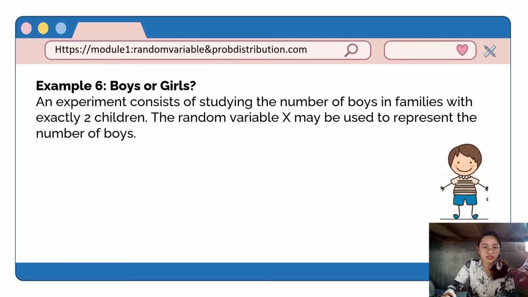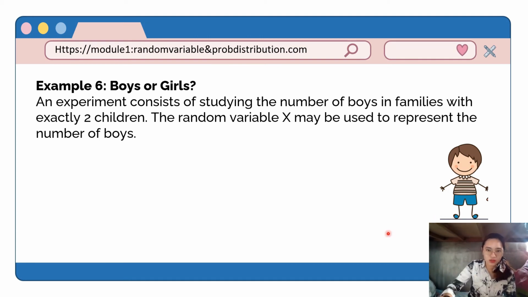Yan. So, next natin, boys or girls. So, an experiment consists of studying the number of boys in families with exactly two children. The random variable x may be used to represent the number of boys. So, yung variable naman natin dito ay yung bilang ng lalaki sa pamilyang may dalawang anak. Okay po?